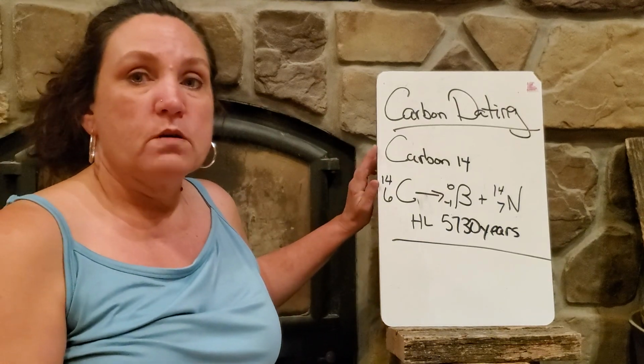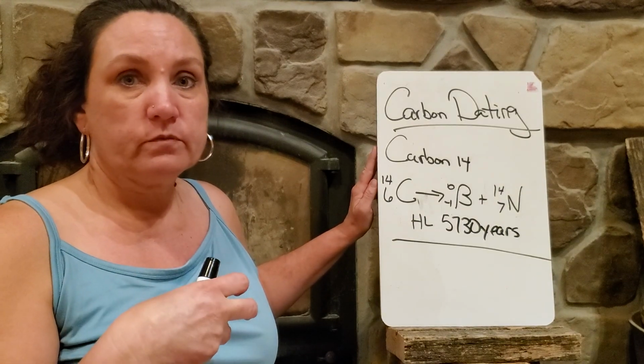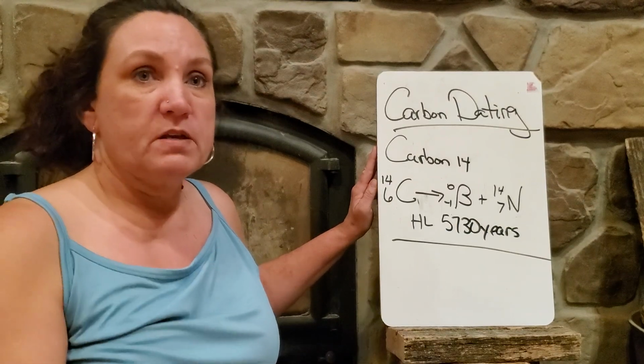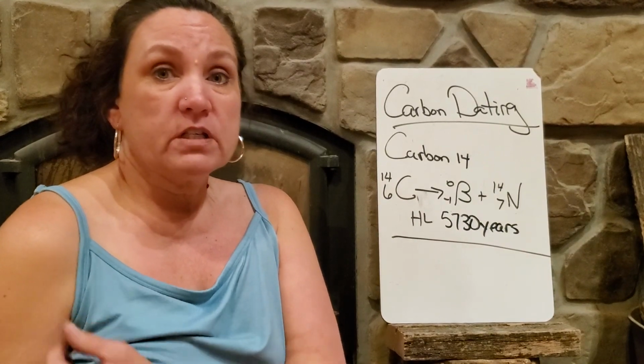Carbon-14 is formed naturally when cosmic rays hit the atmosphere. So it's being formed. The assumption is that it's always been formed at the same rate. Maybe scientists have a really good line of evidence for why they think it's always been formed at the same rate.